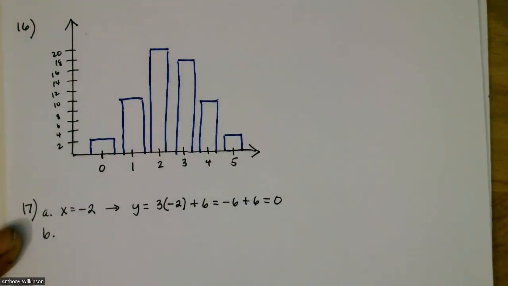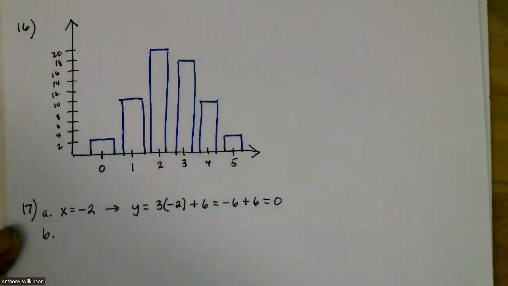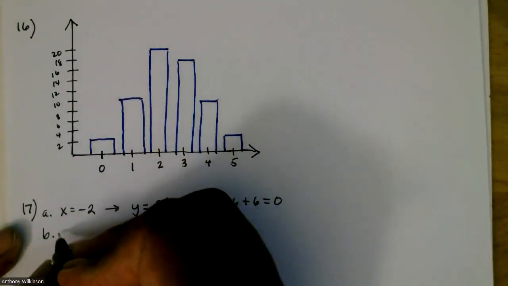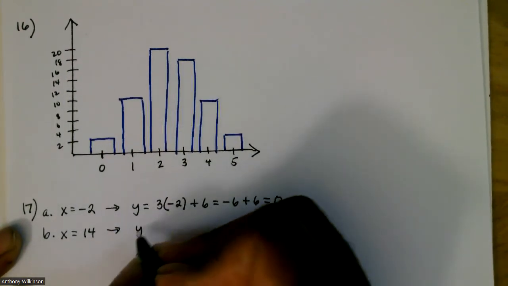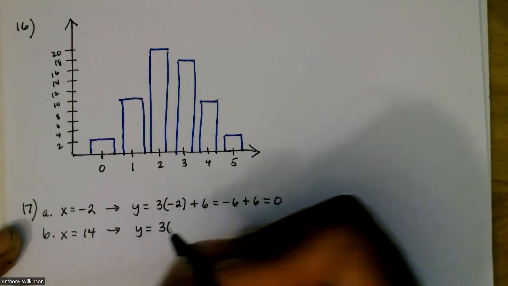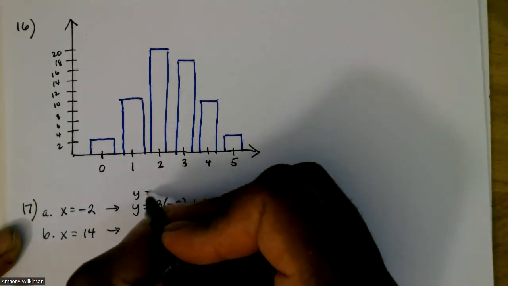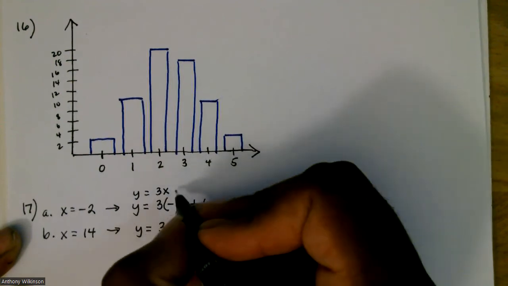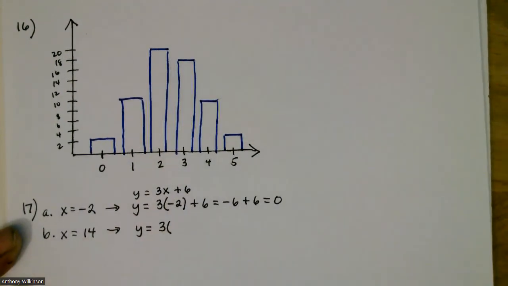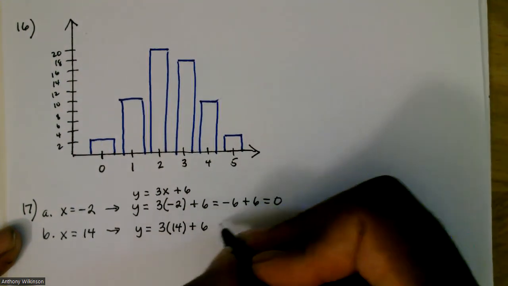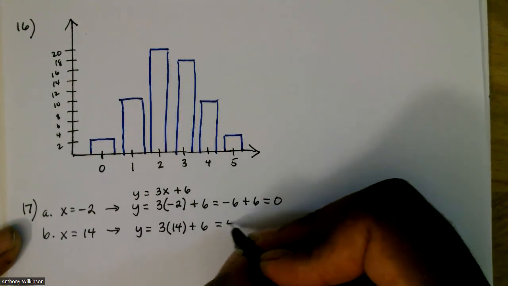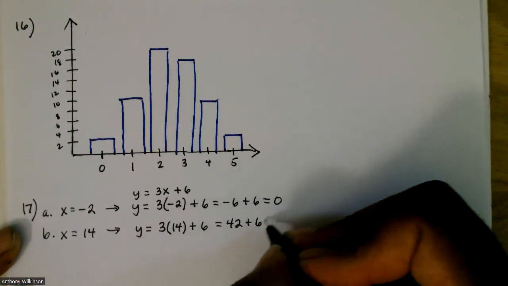And then part B had the number 14, which means x is equal to 14. That will mean y is equal to 3 times, and maybe I need to write the equation y equals 3x plus 6 on top, so you'll know what I'm referring to. So here I'm going to substitute the x with 14, so it'll be 3 times 14 plus 6. 3 times 14 will be 42 plus 6.